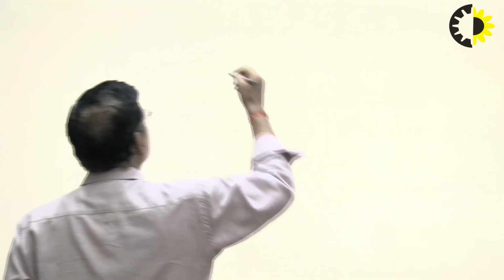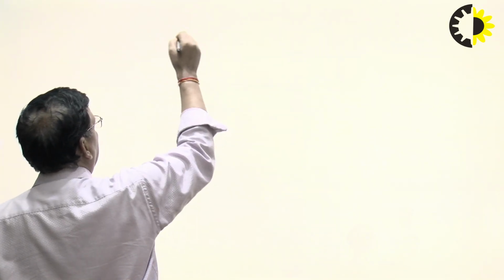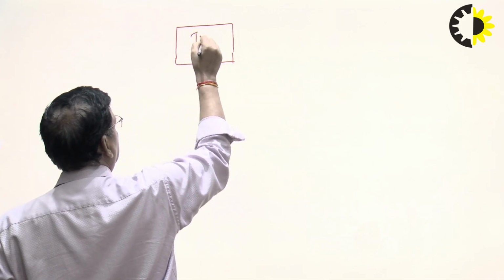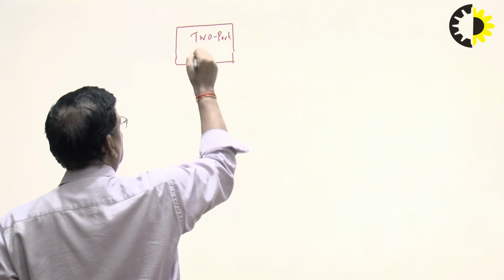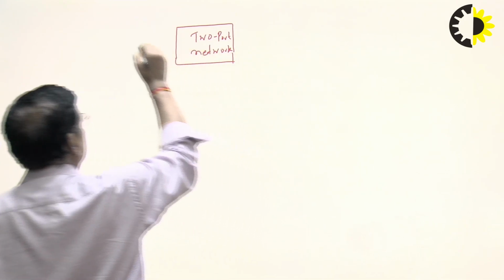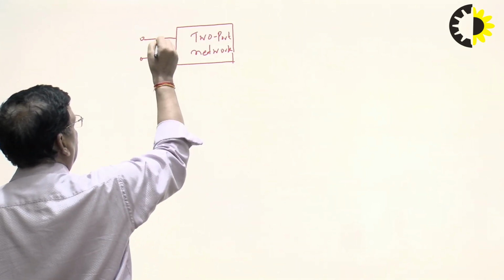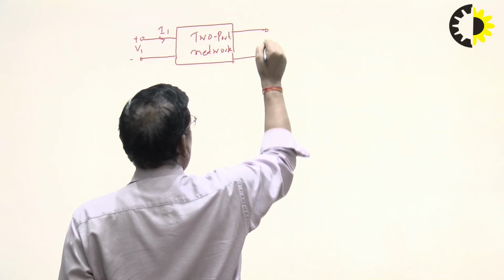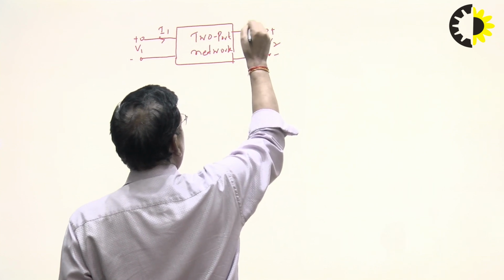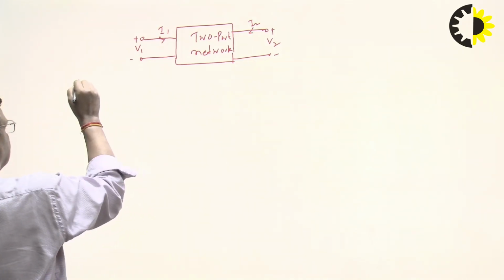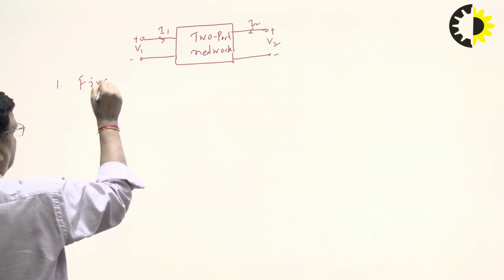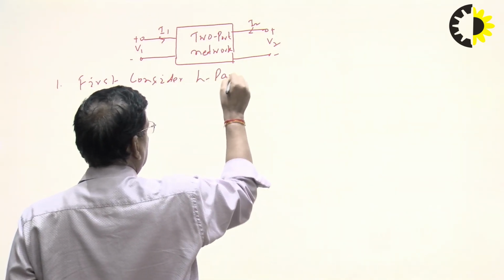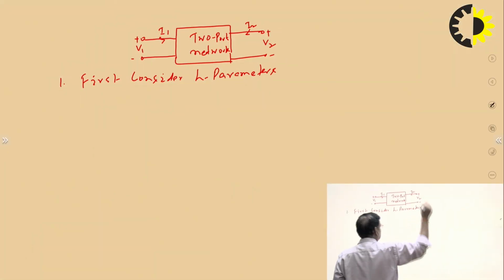So, when the two-port network is terminated, this is your two-port network having 4 variables: I1, V1, V2 and I2. First consider the H parameters.